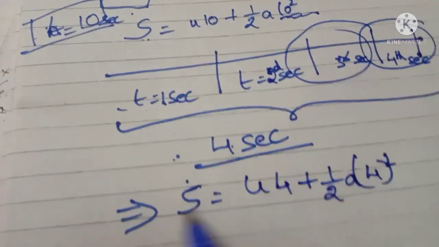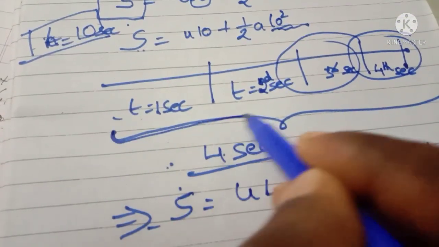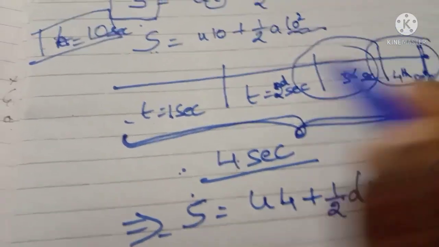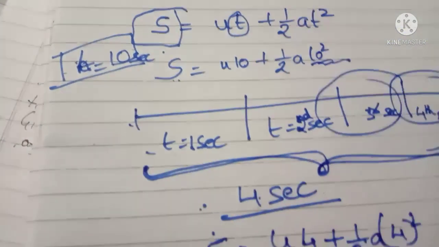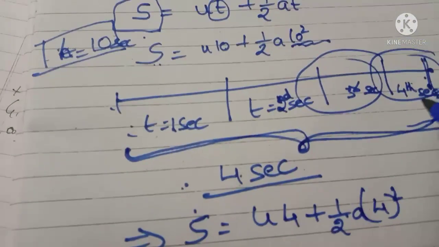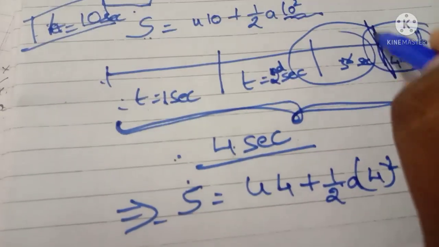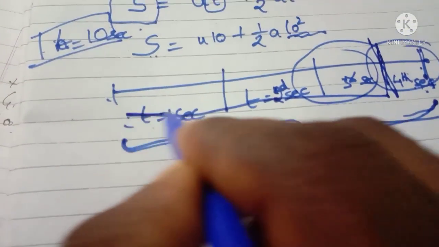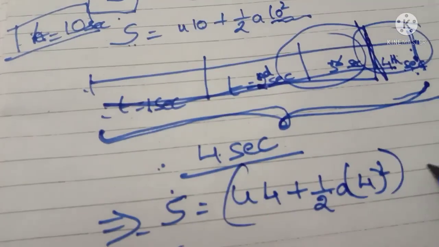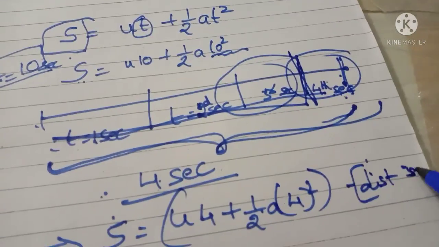This is the total distance traveled for 4 seconds, from here to here. Now this total distance minus the distance traveled for 3 seconds.